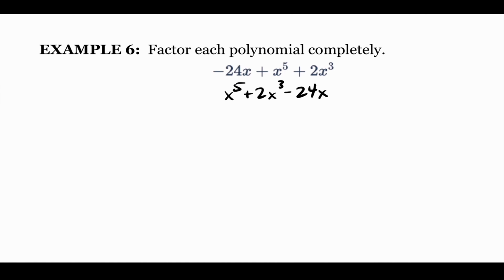Okay, so it's a trinomial, so I got to use my trinomial steps. I have to put it in standard form. Factor out a GCF. Yep, they do have a GCF. They all can be divided by x. That leaves x to the 4th, 2x squared, minus 24.